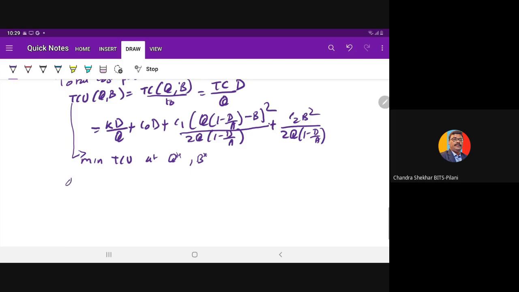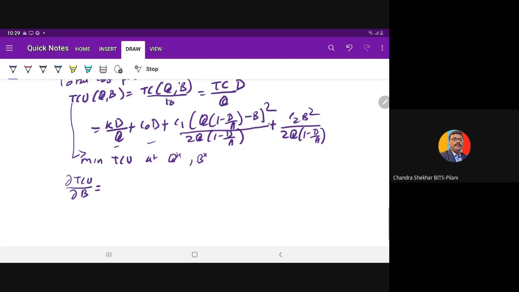So here we first compute the del TCU upon del B. It is independent of B in the first terms, so that is 0.